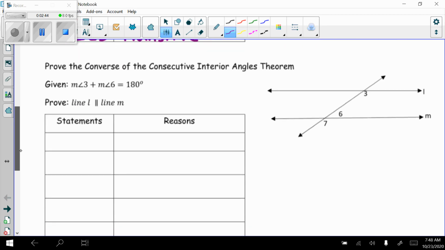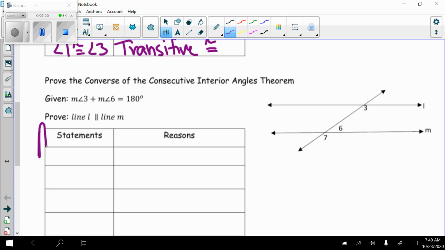All right. And now we're going to prove the converse of the consecutive interior angles theorem. So given: measure angle 3 plus measure angle 6 is 180 degrees. They're telling me that 3 and 6 are supplementary. They want me to prove line L is parallel to line M. In order to do that, I need to be able to prove some angles congruent.